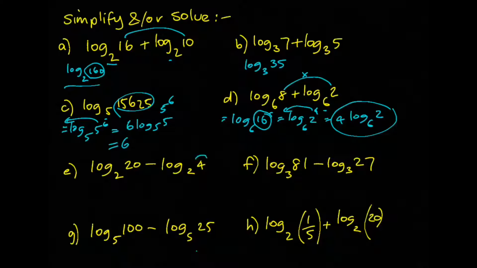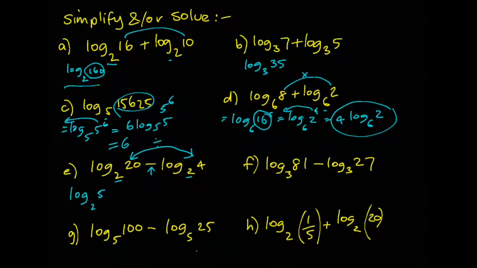Okay, again, 4 could be broken up into the 2 and 2 brought out the front, but we can't do the same sort of step for 20. So rather than doing that, because it's minus here, then we can do the division rule because the bases are the same. So we end up with log to base 2 of 20 divided by 4, which is 5. And that's as simple as that's going to get without using the calculator to solve.